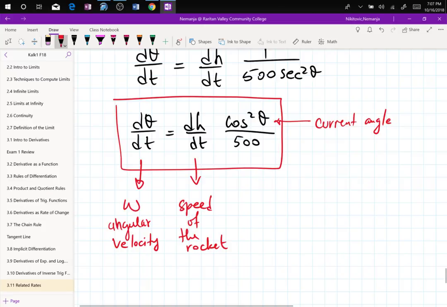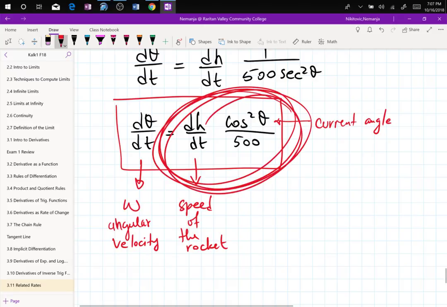So all you need to do is to program this part of the formula to compute this thing over here, because d theta dt is what turns the camera, and as you can see, the speed at which you turn the camera is linked to the speed at which the rocket goes up, so the camera will always have the perfect shot.